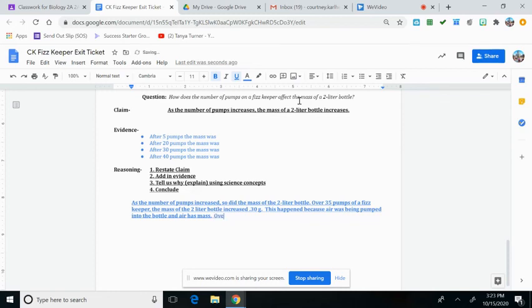So I would say overall, as the pumps on a Fizzkeeper increased, so did the mass of the bottle because air was going into the bottle and air has mass. So you're really just summing it up. Overall, what did you learn? What was the point?